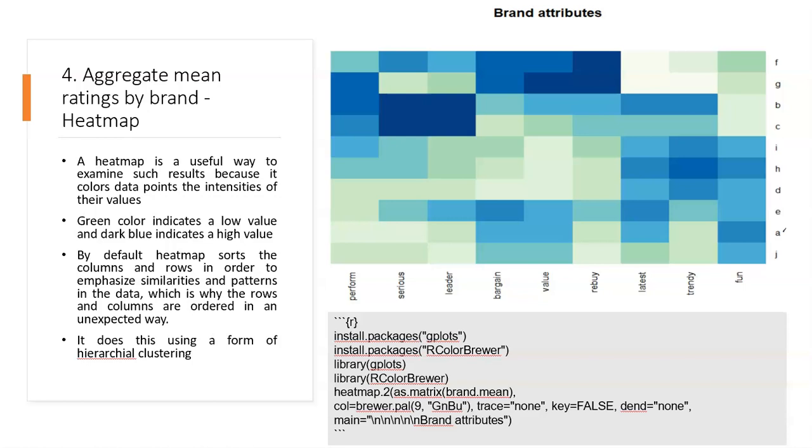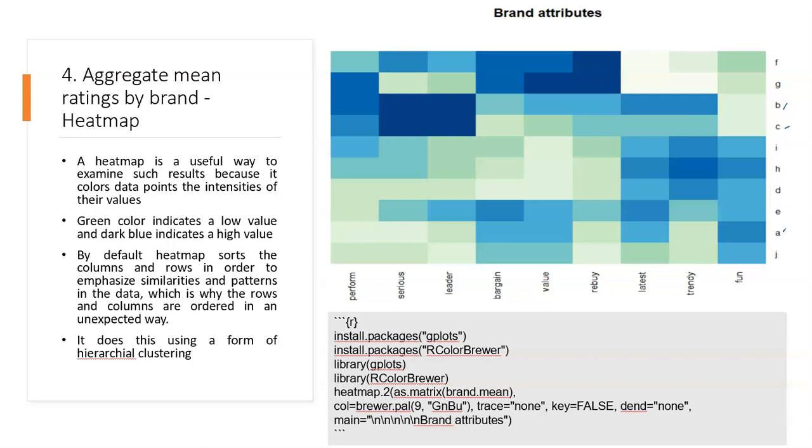See, A is here, B is here, C is here. Instead of the running order A B C D E F G H I J, it has ordered it based on the similarities and patterns, and it does this using a form of hierarchical clustering. We'll not go into that detail of how it does this.